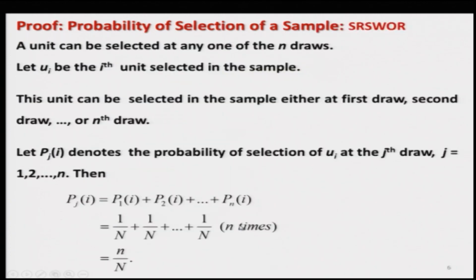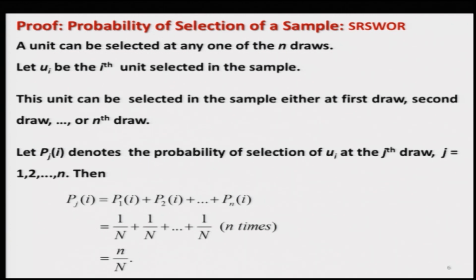Okay. Now, I will give you a proof of how this is happening, so that will convince you more. First, I go by SRSWOR. In the case of SRSWR, it is straightforward, as you will see later on.